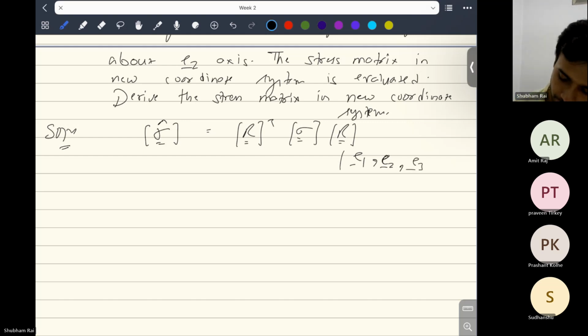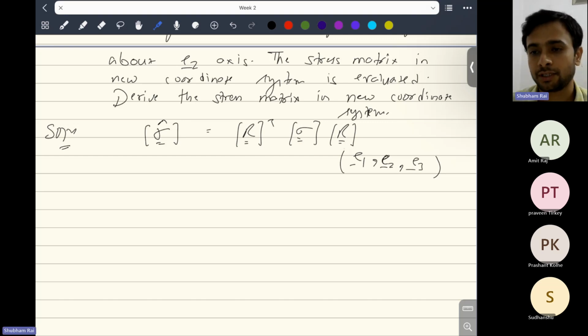So to get the components of the stress matrix in the new coordinate system, you have to do this.